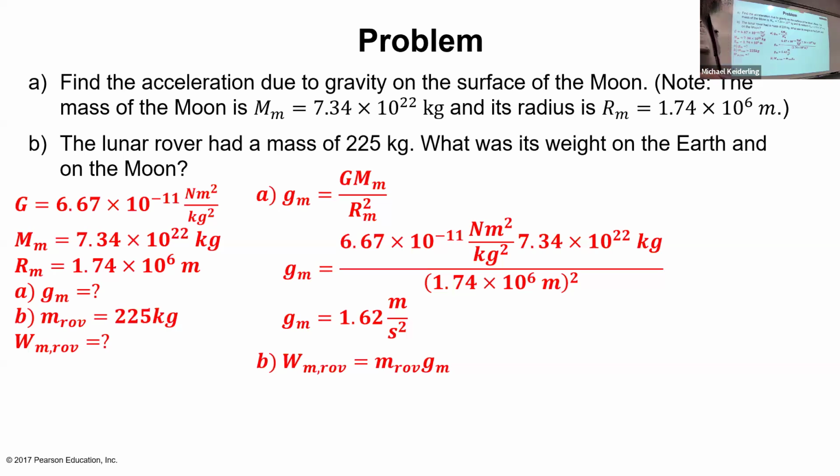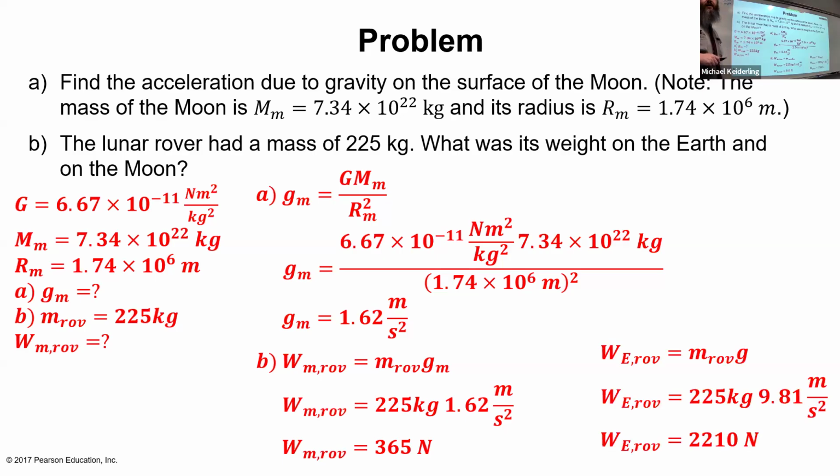If you want to find the weight of the rover that had a mass of 225 kilograms on the moon, you just multiply by g of the moon, and you'll get a weight of 365 newtons. The weight on Earth would be about 6 times that, 2,210 newtons.